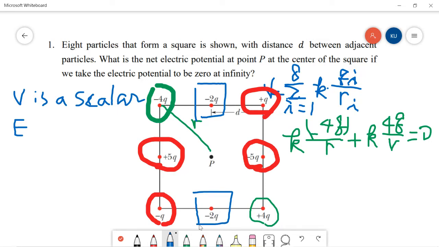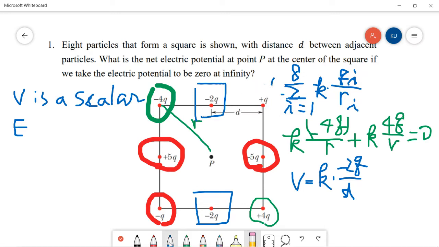The answer for this question is nothing but k times minus 2Q over d. This is d, this is also d, this is also d.